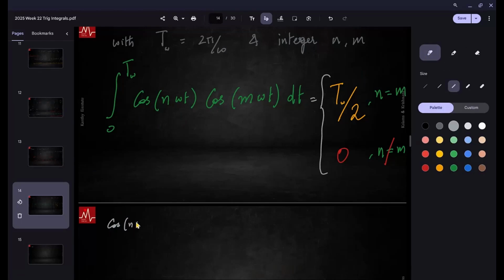Cos n omega t cos m omega t is going to be half of cos a plus b plus cos a minus b. Right?